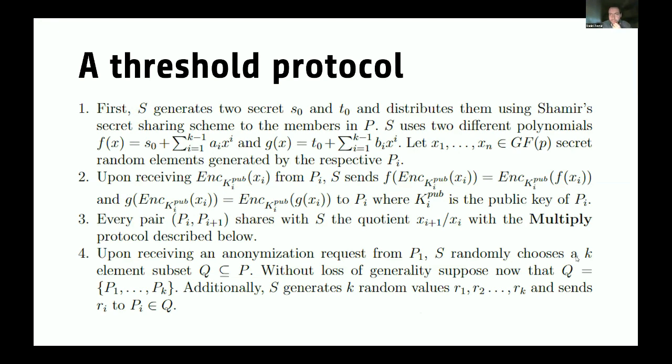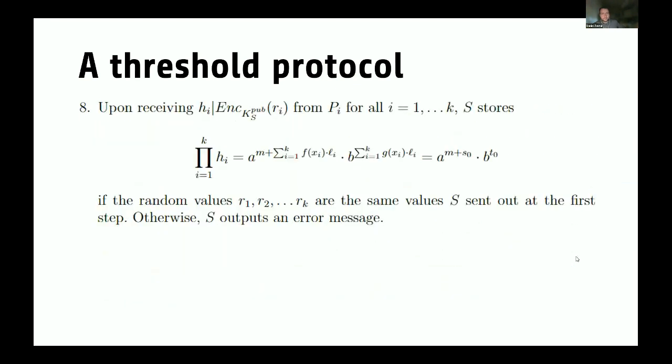But the problem is P sub i cannot know the secret value of x sub i plus 1, and P sub i plus 1 cannot know the secret value x sub i. So we need a protocol, a subroutine to calculate these values.